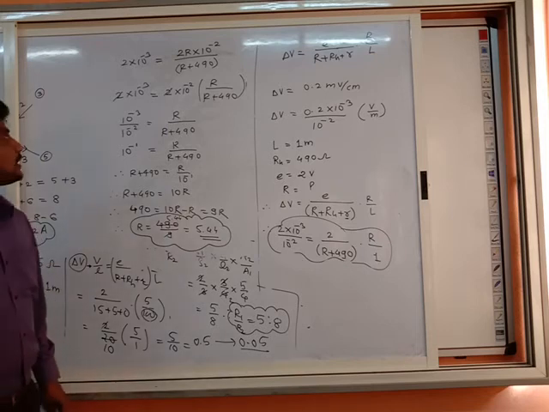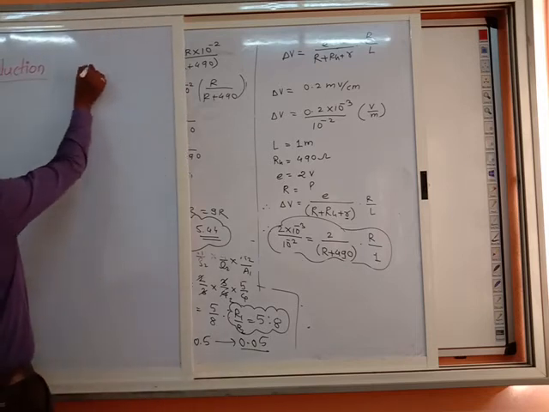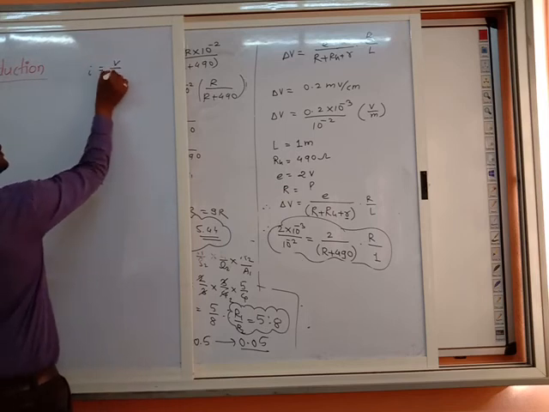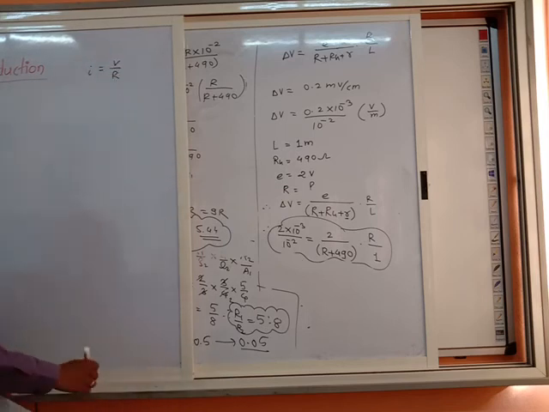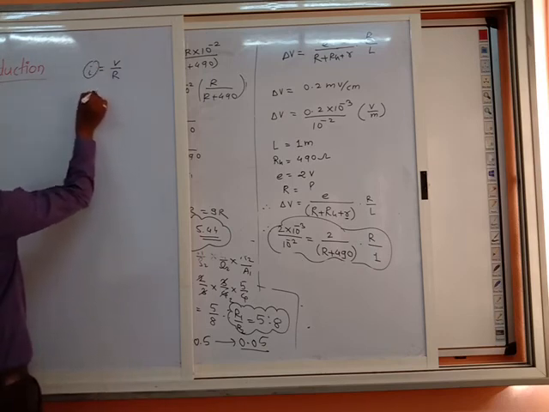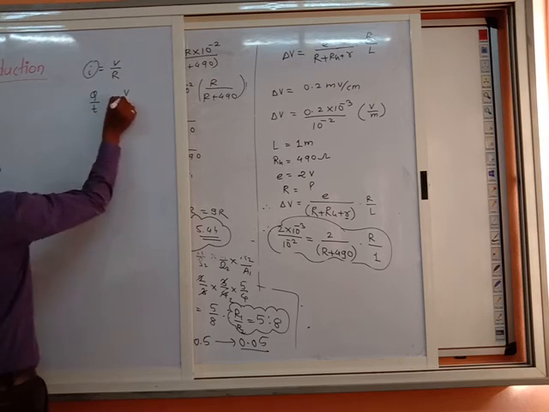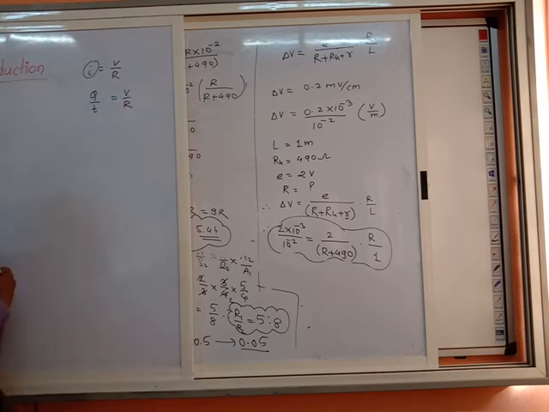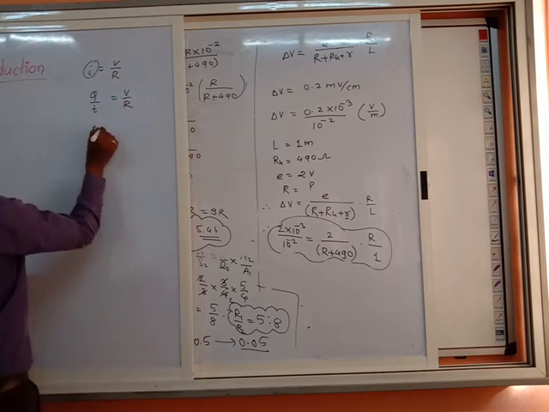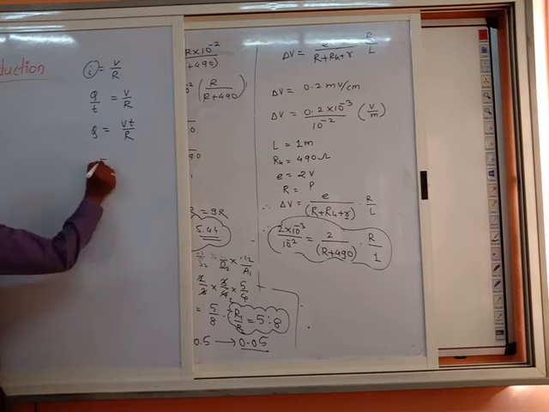If Ohm's law is used, I is equal to V by R. But what is current? Current means Q by T, rate of flow of charge, is equal to V by R. Q is equal to Vt by R. Okay.